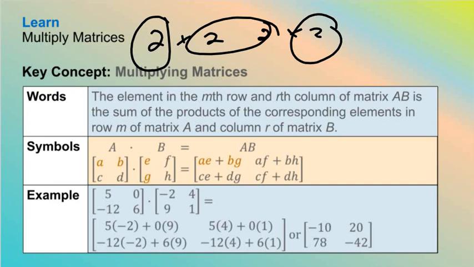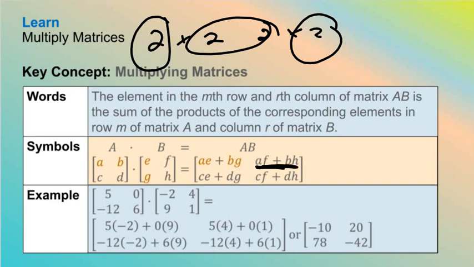And so when we multiply, you're going to take row 1 and flip it and multiply it by column 1. And then you add your answers together. So it'd be A times E plus B times G. To find this part, this is row 1, column 2.